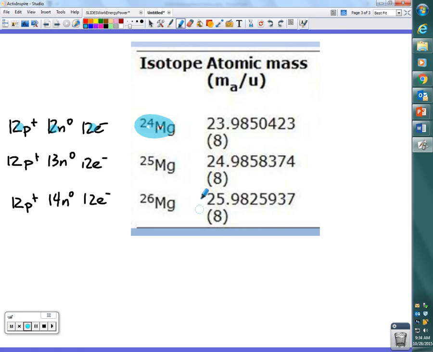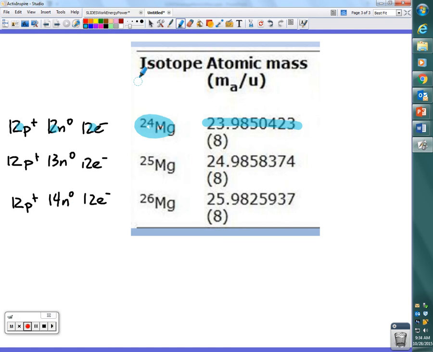However, when we look at its atomic mass, what do we see? Is it exactly double? It is not, right? If it was exactly double, what would it be? 24.0. It's not 24.0. Okay?